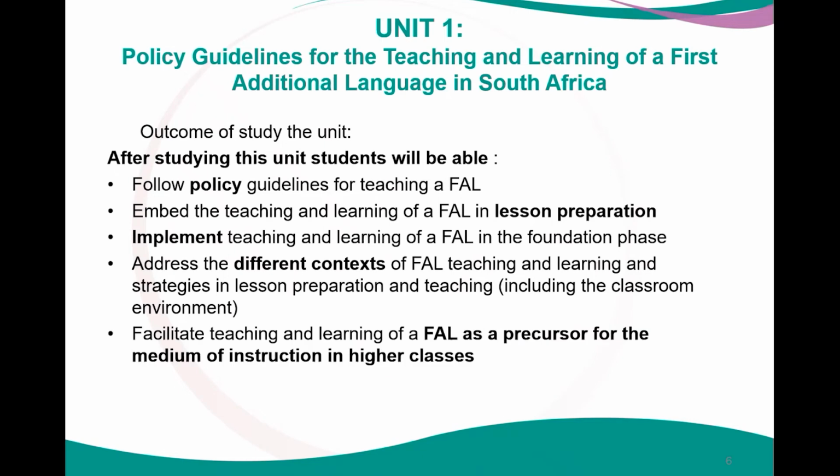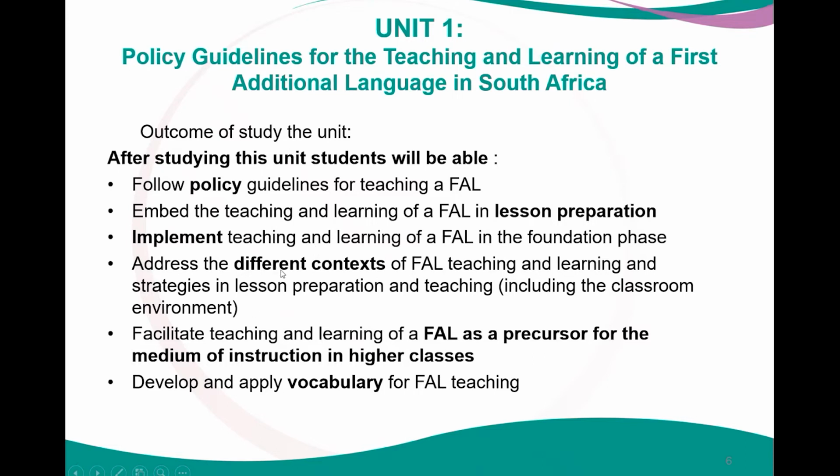Okay, now let's look at unit 1. These are the outcomes of unit 1. Outcomes of the study unit: follow policy guidelines. These policy guidelines are very key here. And then teaching and learning of FAL in lesson preparation. Lesson preparation is a key element for you teachers. Implement teaching and learning of FAL; it's very important to know how you implement.